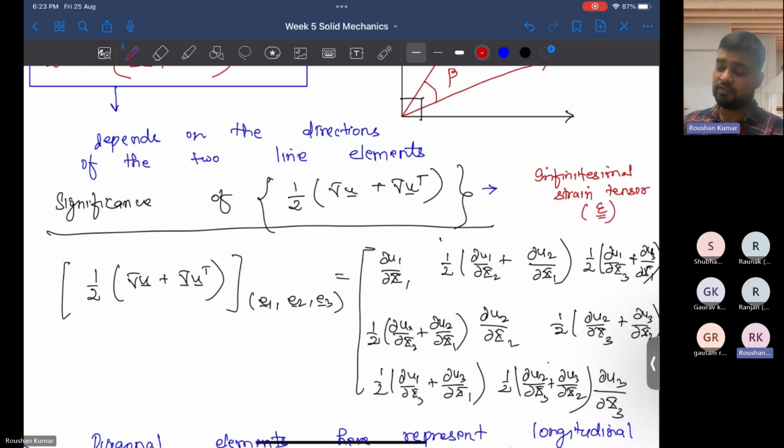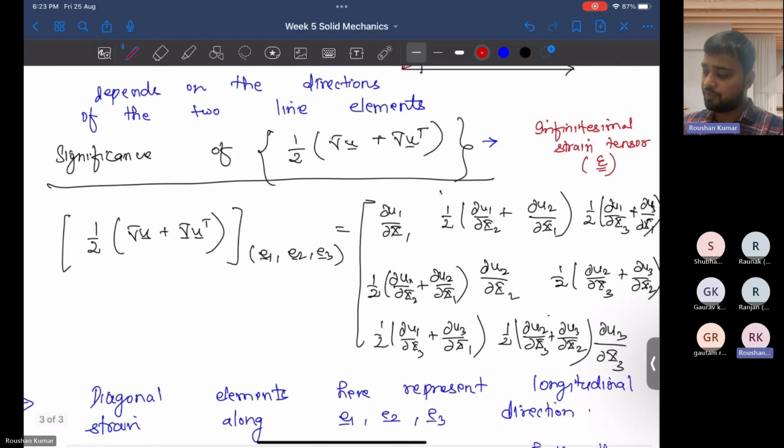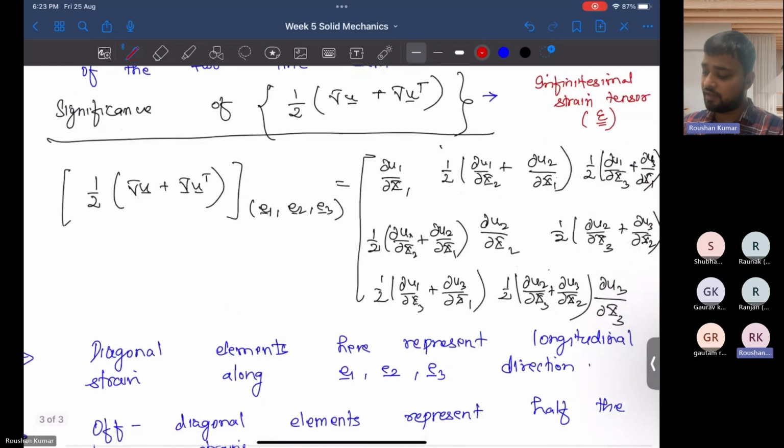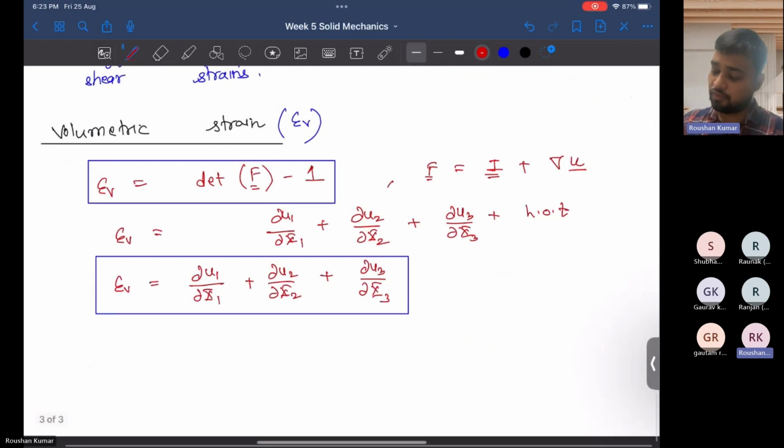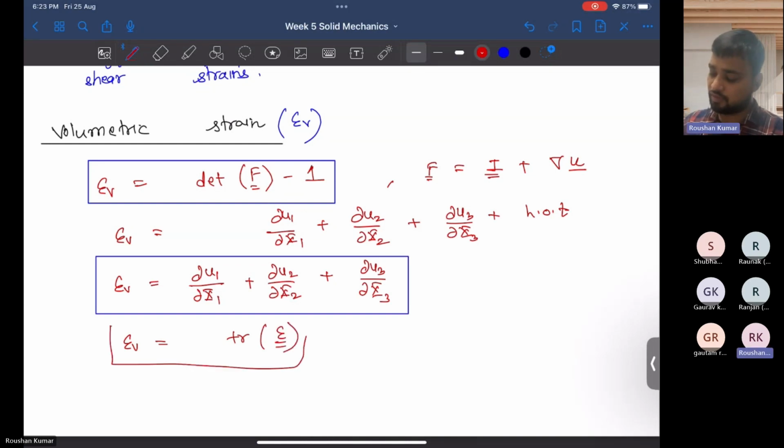If we compare, the sum of the diagonal elements is nothing but the volumetric strain. So there is one more formula based on the infinitesimal strain tensor: volumetric strain is also given by the trace of epsilon.